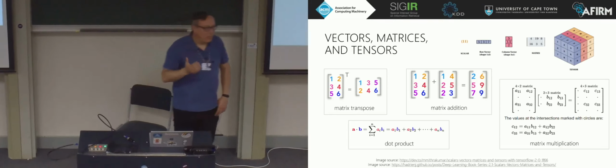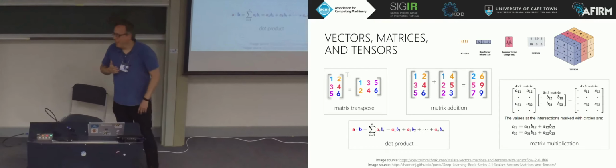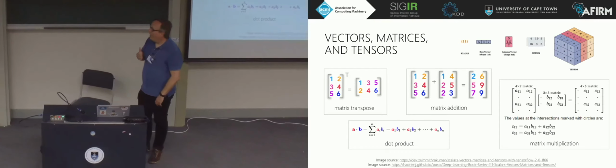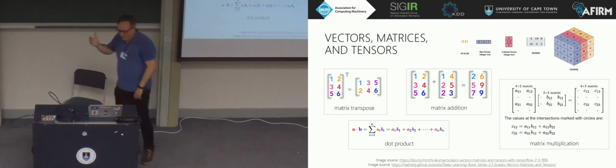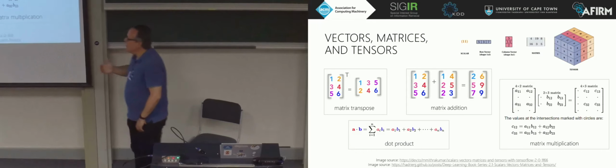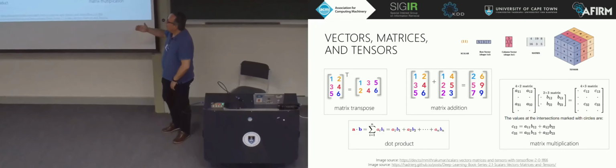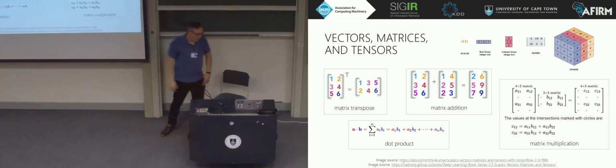A lot of this stuff just comes down to matrix operations, and we don't have time to go through all of this in detail, but if you remember your linear algebra, or if you just want to take my word for it, a lot of the stuff that happens here has to do with matrix operations.